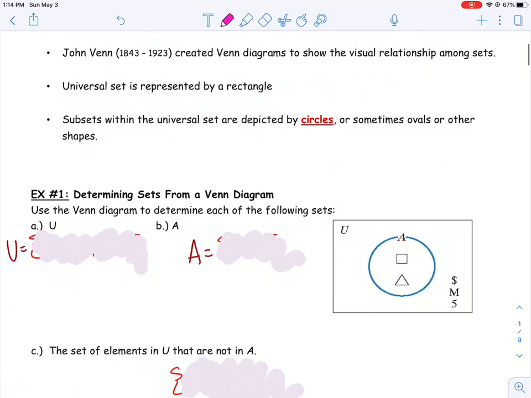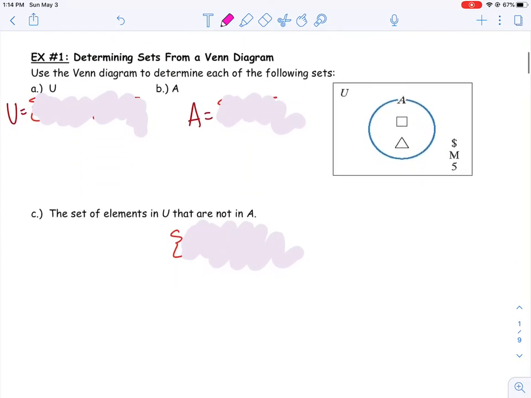If I give you a Venn diagram, for example number 1, I have a universal set, and we're talking about all of the different elements in this universal set. We have subset A that has 2 different elements in it, but there are some other elements out here under discussion in our universal set. So in this example, it says to use the Venn diagram to determine each of the following sets.